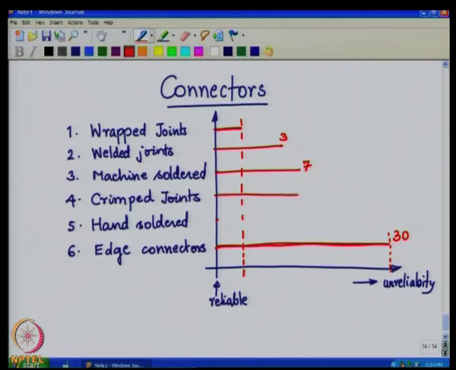Crimped joints more or less like the machine soldered joints, and then you have the hand soldered joints 10. So, you will see that the various connectors have various reliability associated. So, keep that in mind while choosing the connectors for your printed wiring boards.